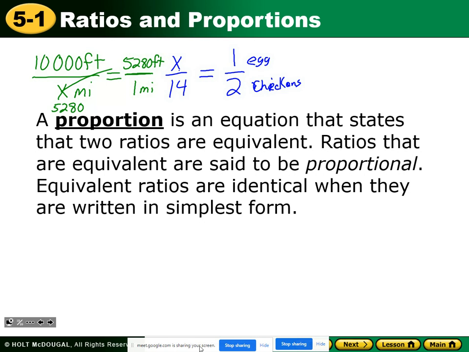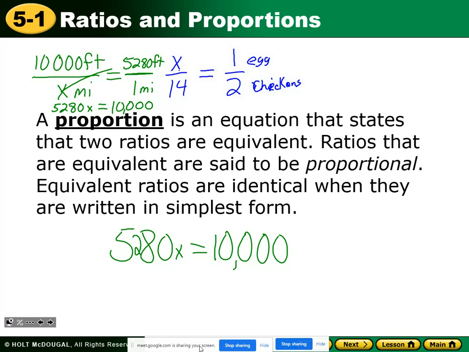5,280x equals 10,000. Oh, 5,280x. What do I need to divide by now in this step? Let's look at the problem. Did we do this last year? Yes, we did. A little bit. Do you not remember it this way?